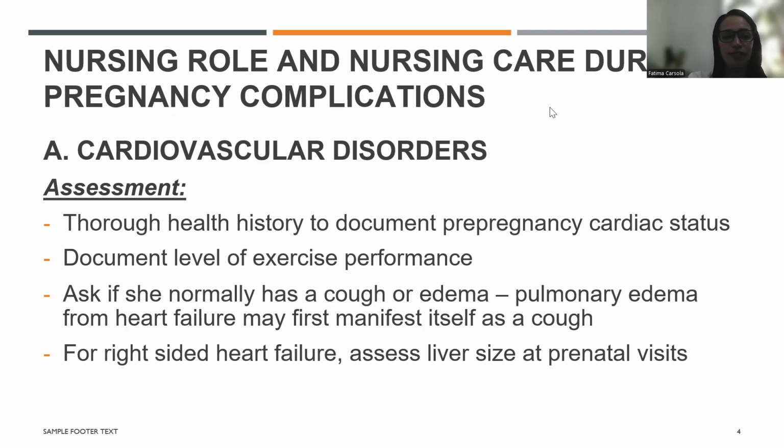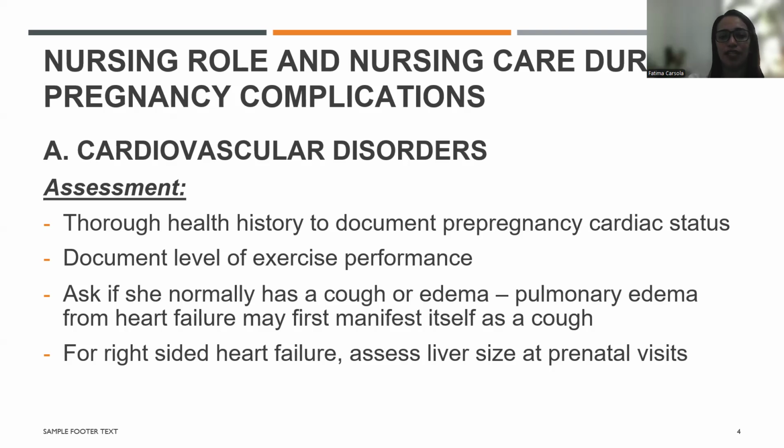Another is to ask if she normally has a cough or edema. If the cough is not treated by anything, then a persistent cough may be a sign that the cardiovascular disorder is not really doing well, and pulmonary edema could be one of the possibilities, or right-sided heart failure.